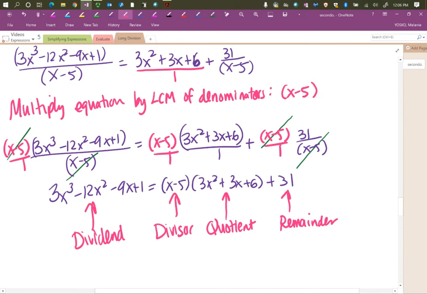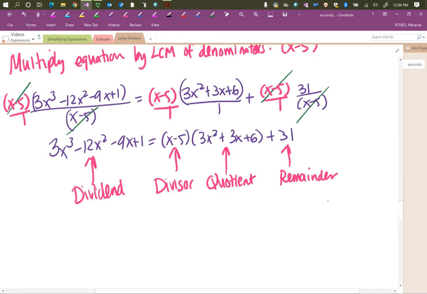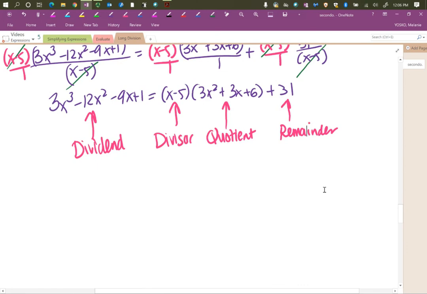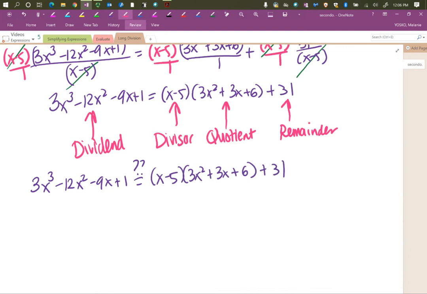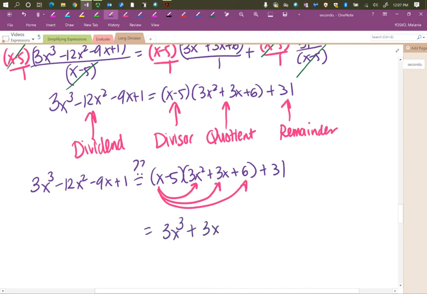Okay? So let's verify to actually see if this is really the right answer. So what I'm going to do is expand this. Is this true? So what we're going to do is distribute. We're going to take x times everything in the back. When we do that, we get 3x cubed plus 3x squared plus 6x.